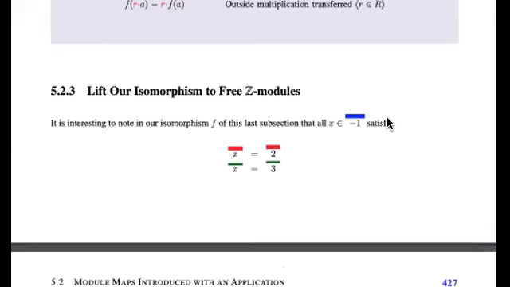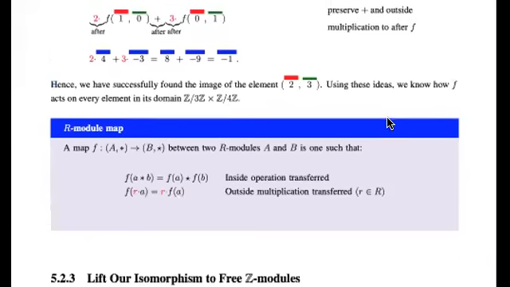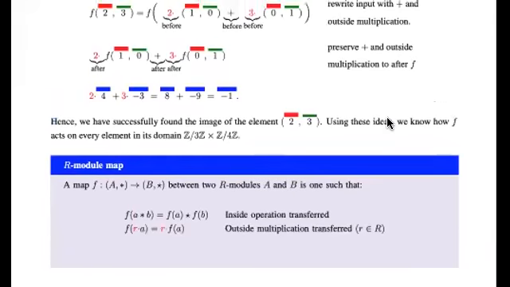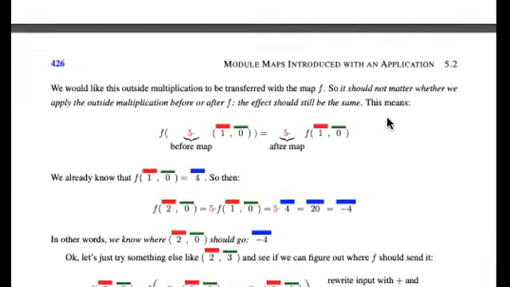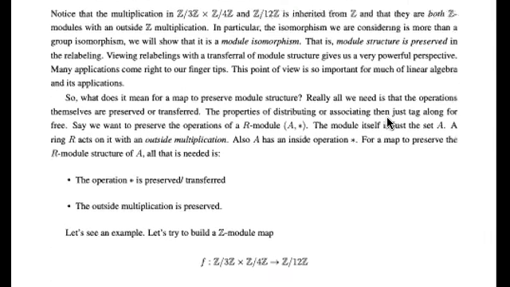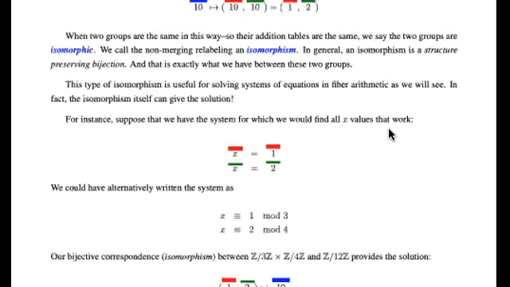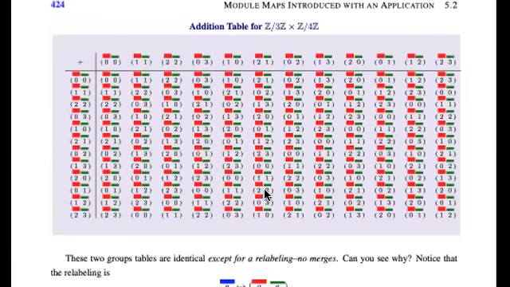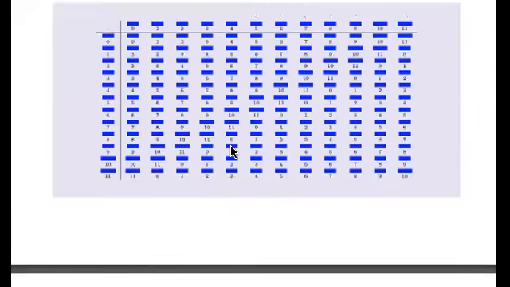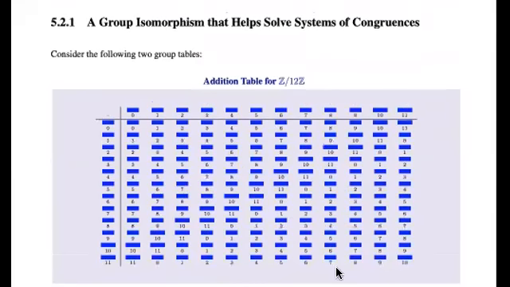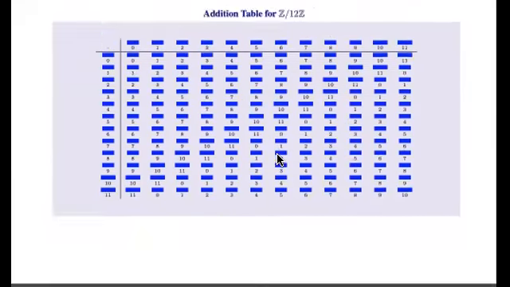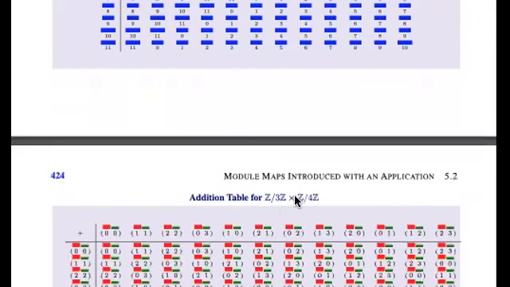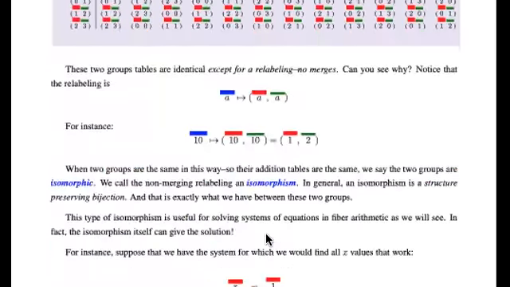So we talked about an isomorphism, and in fact this is a module isomorphism: it preserves outside multiplication as well as group structure between two groups. This one is like the problems or the congruences that we want to solve, and this one has the solutions, Z mod 12Z and Z mod 3Z cross Z mod 4Z, for instance.